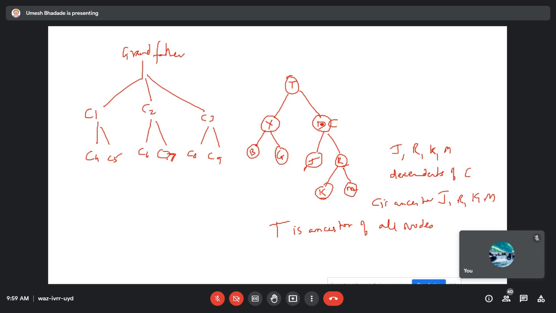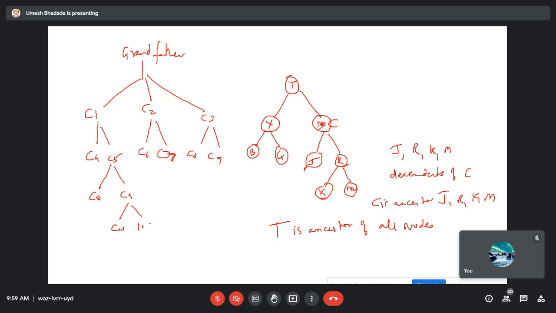Now the descendants of C1: 4, 5, 8, 9, 10, 11, right? So in this way, you will come to know about descendants and ancestors. It is just like your real life example.